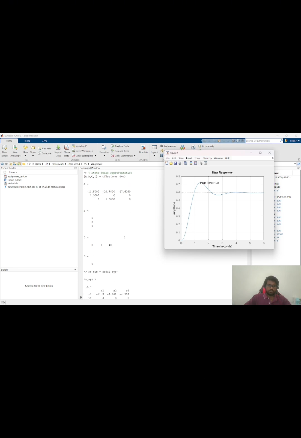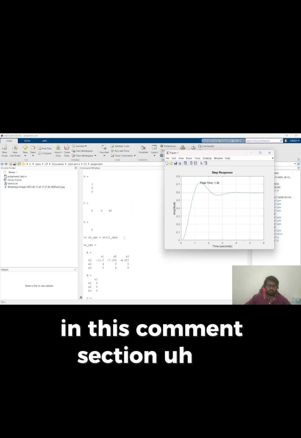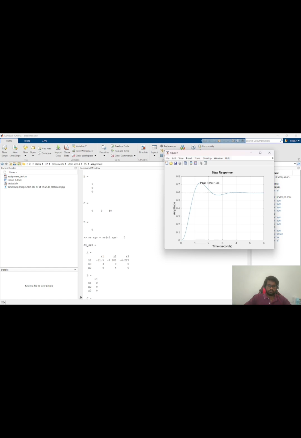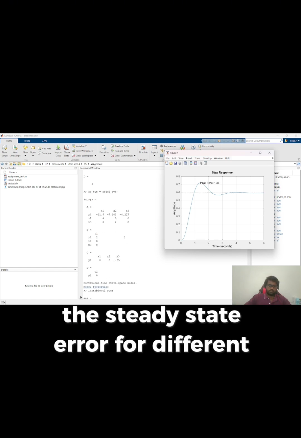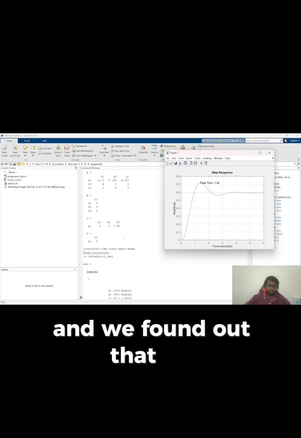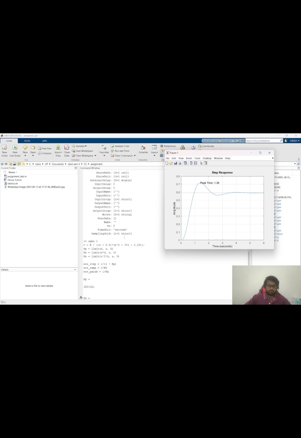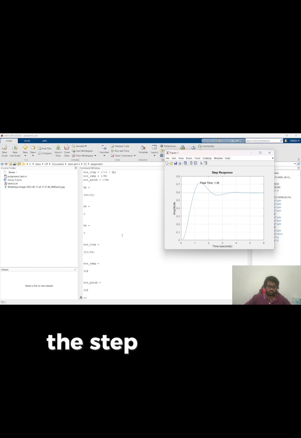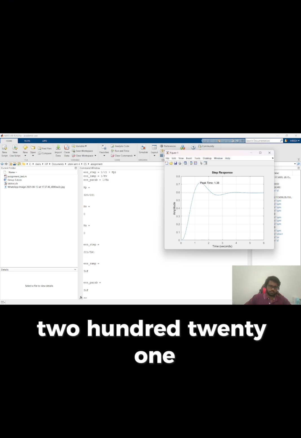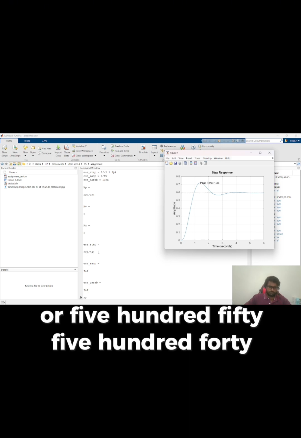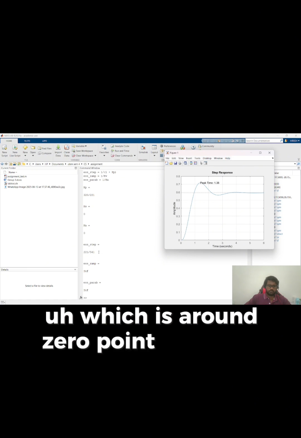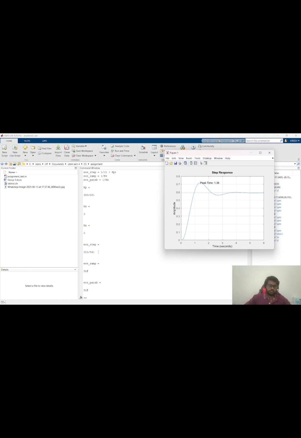In this section we calculated the steady state error for different inputs, and for the step input it is 221 over 541, which is around 0.4085.